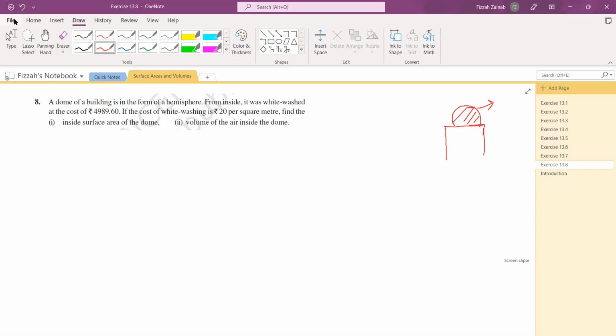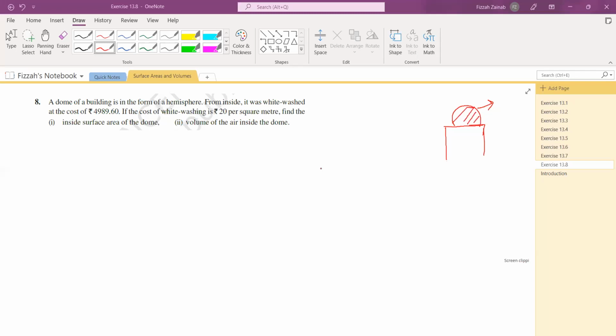So the dome of a building is in the form of a hemisphere.